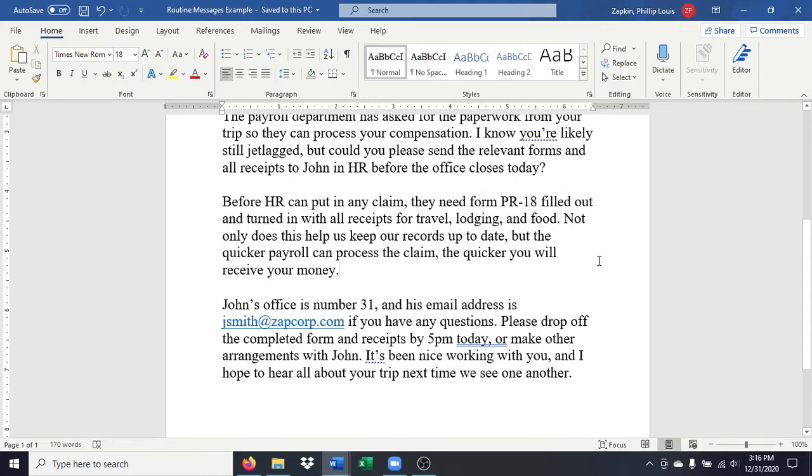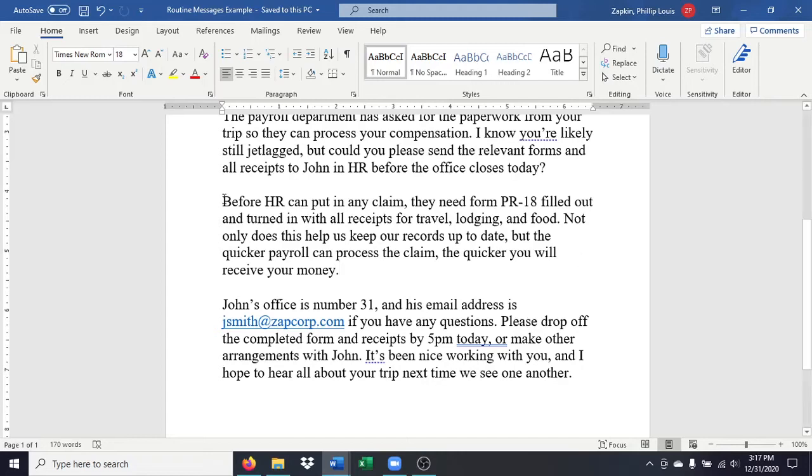So for the request, for the announcement, whatever this routine or positive message is, if there's anything that needs to be explained or elaborated upon, the body is where you do this. And then if you can, this is a really good strategy. So if you can identify benefits for the reader of complying with whatever it is that this message is asking, that's a really good strategy.